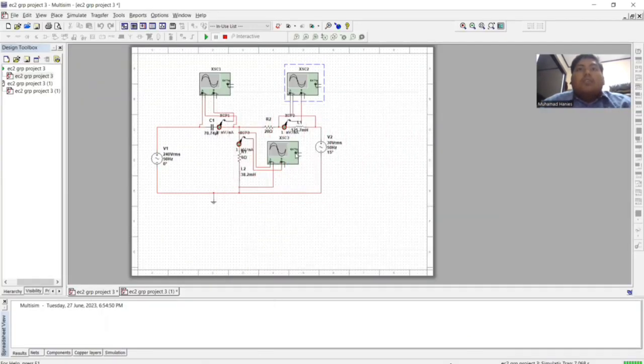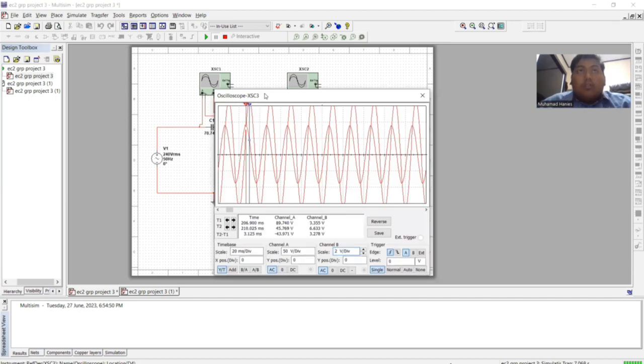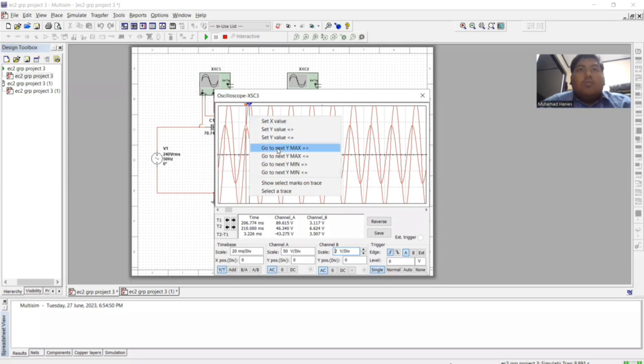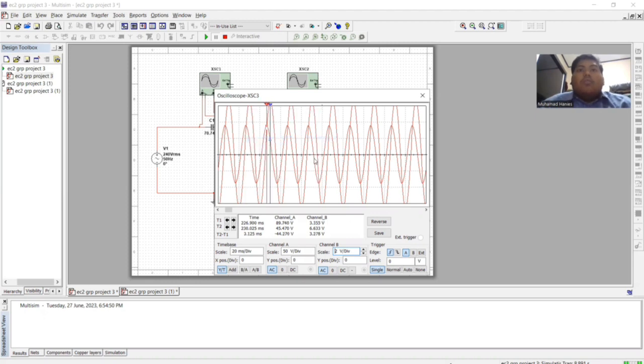Okay, for the load oscilloscope, for load, we will get a value 89.740 and current 3.35.